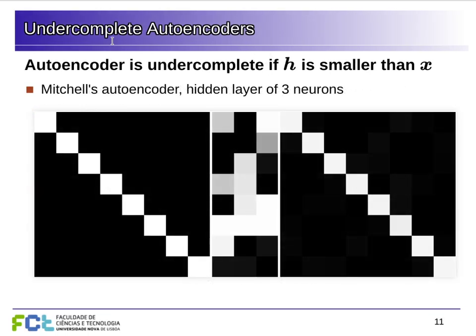This is a classical example of an autoencoder. Here we have input values. We can imagine this as a one-hot encoding of 8 different inputs, and we can use 1, 0, 0, 0, or 0, 1, 0, and so on, like this. And we train the autoencoder to output the same thing.